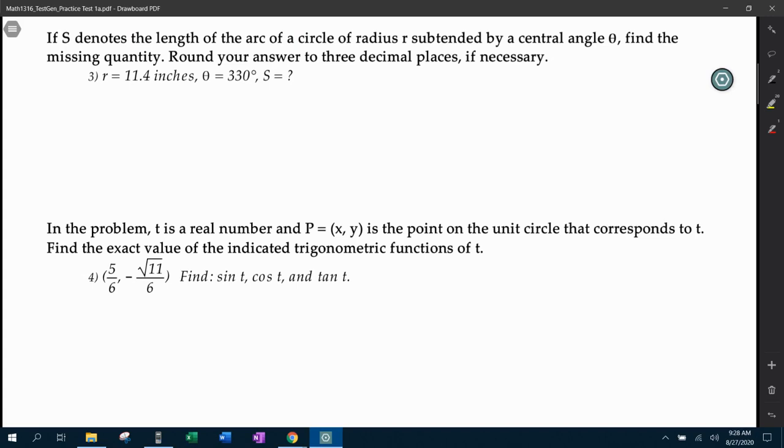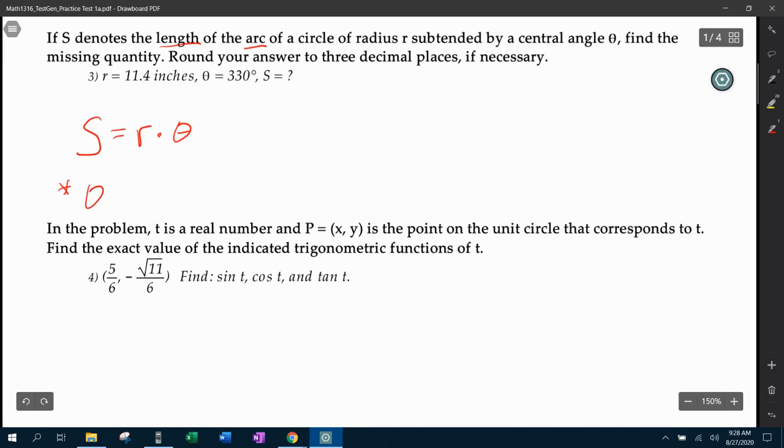Question number 3. If S denotes the length of the arc of a circle of radius r, and here it's important to point out the keywords arc length, which means we're going to be using the arc length formula. S equals r times theta.